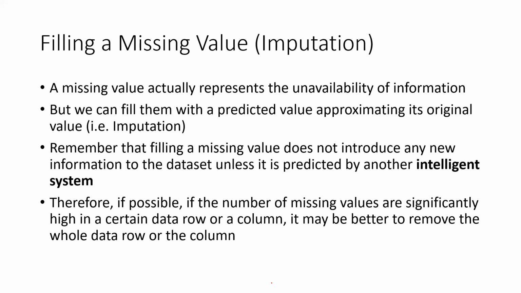So if you have to fill too many missing values, you have added a lot of noise into your data set, which may deviate from its original data patterns. So that would introduce a bias. Because of that, it's better to remove them if you think it is too much.